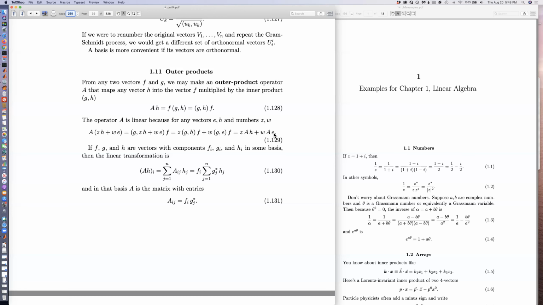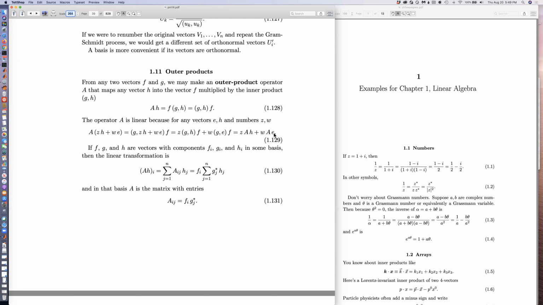One reason is that, as we'll see in a few minutes, the identity operator is a sum of outer products of orthonormal vectors. If they weren't orthonormal, we'd have to divide each outer product by the squared norm of the vector. So it would be a more complicated sum.